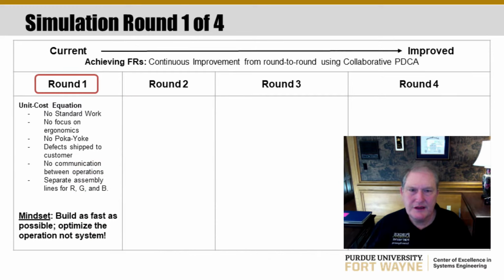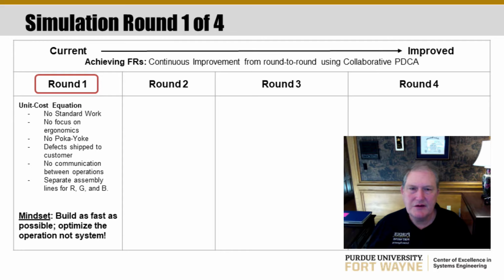Please observe in this simulation the impact of the unit cost equation on production. The unit cost equation has the thinking that the more product we produce, the lower the cost. It doesn't emphasize making the right product, the product that the customer wants. It doesn't emphasize standard work.